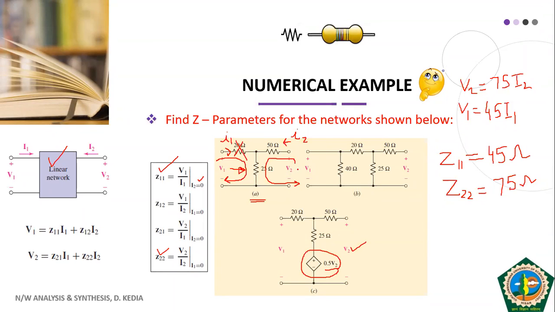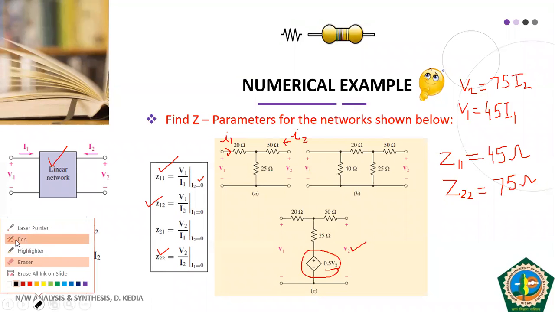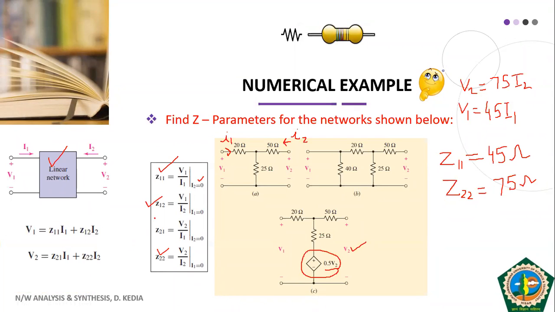Now let us move to the calculation of Z12. So let me first erase what we have done here. Now Z12. For Z12, you see we need V1 upon I2, and I1 is made 0.